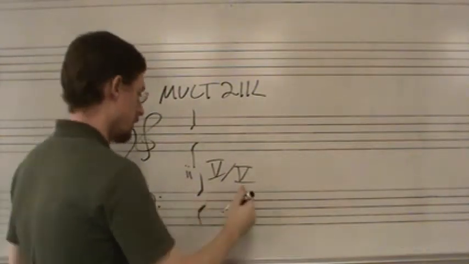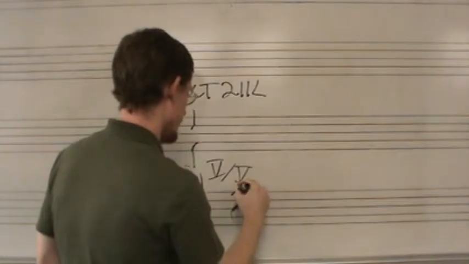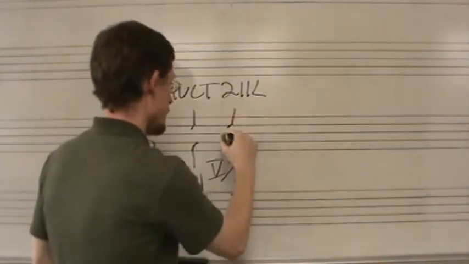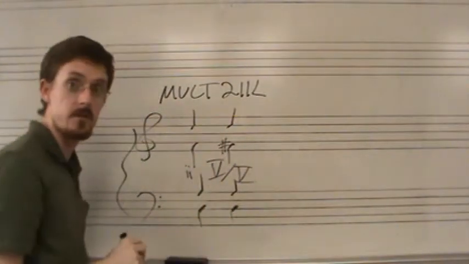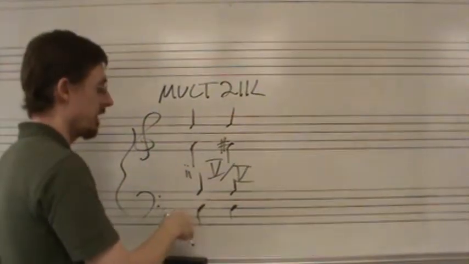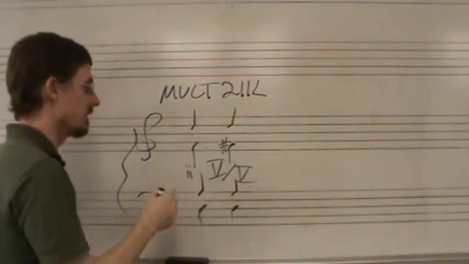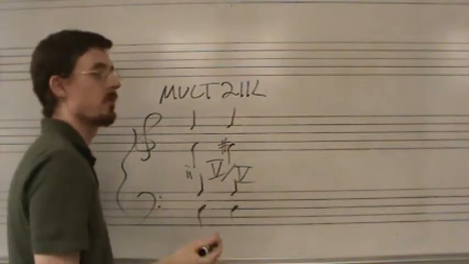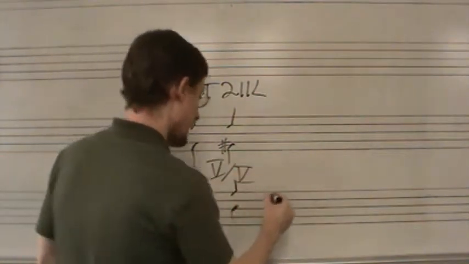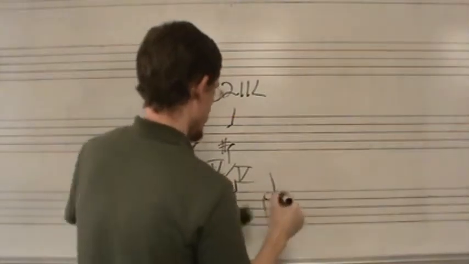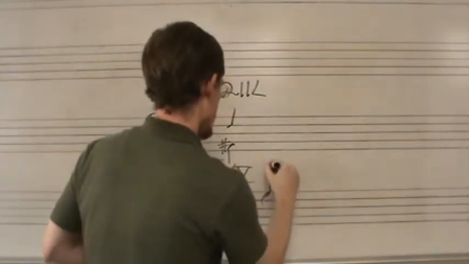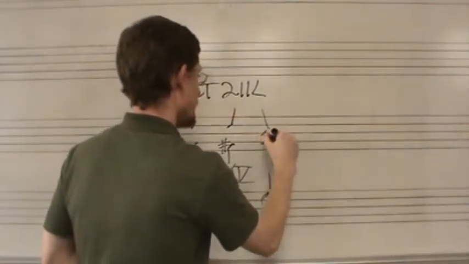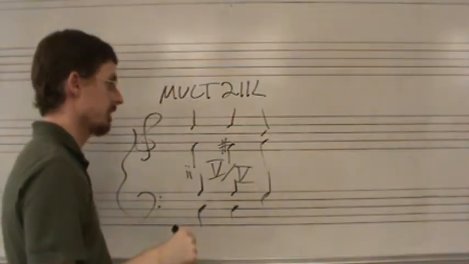The minor 2 will appear to be something like that, with the 3rd raised. Its function is not that of the predominant 2, but it is tonicizing something that was not originally the tonic in the key. In this case, let's be consistent, 5.